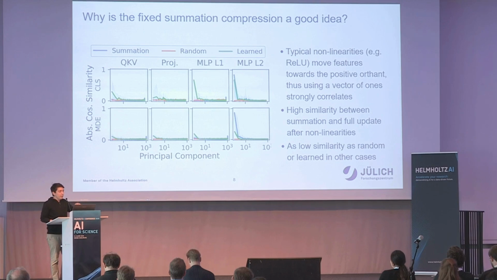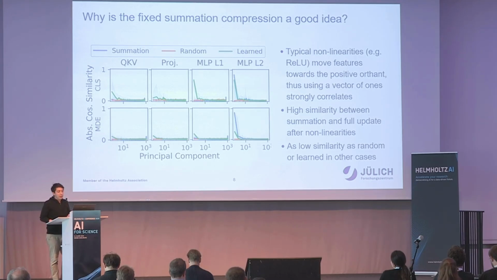The first three columns represent layers that are before nonlinearities, and the last column is the multilayer perceptron right after the ReLUs, or whatever activation function is used in the model.